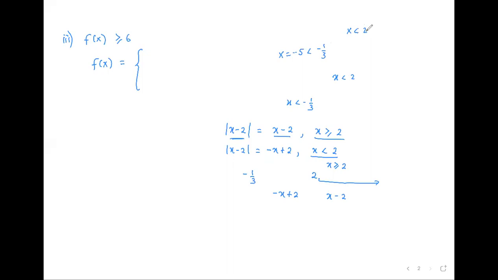For as long as it is less than negative 1 over 3, it will be less than 2. So in this case, you define it still as negative x plus 2. What you're defining in this way is the modulus function, just as we have defined it here. This is what you take on the table.